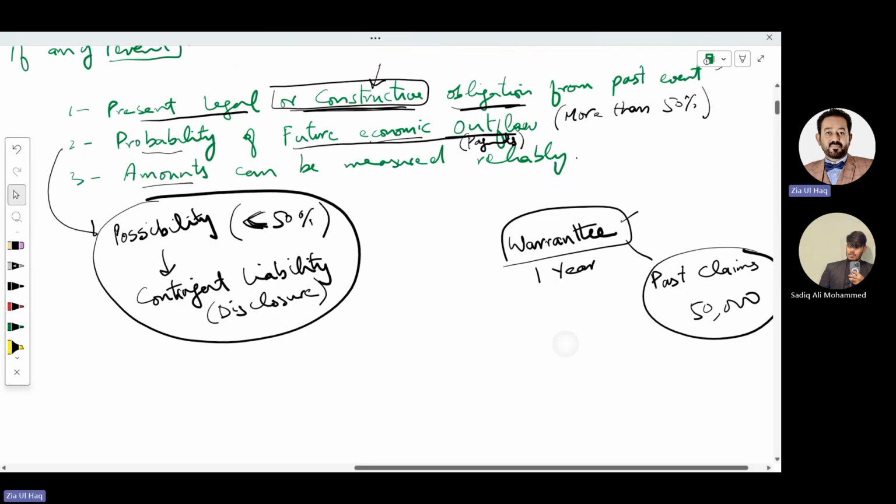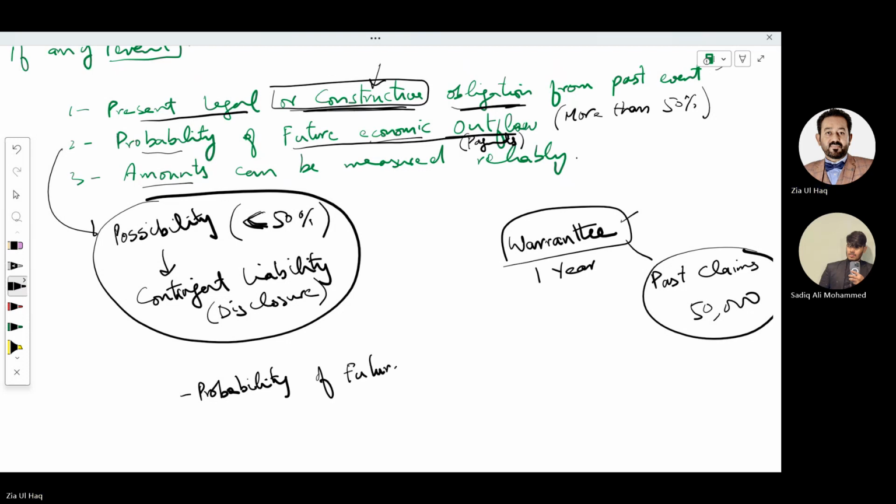Now discuss if there is probability, meaning more than 50% chances, of future economic inflow, not outflow, inflow meaning receipt.